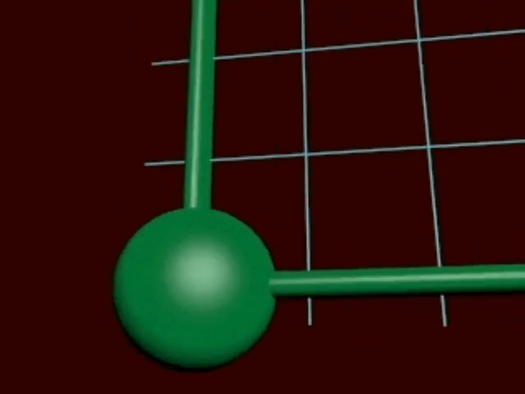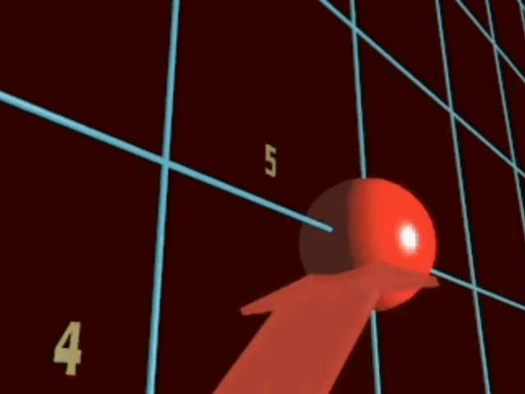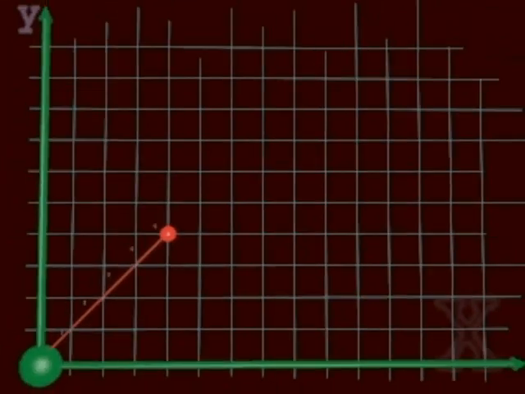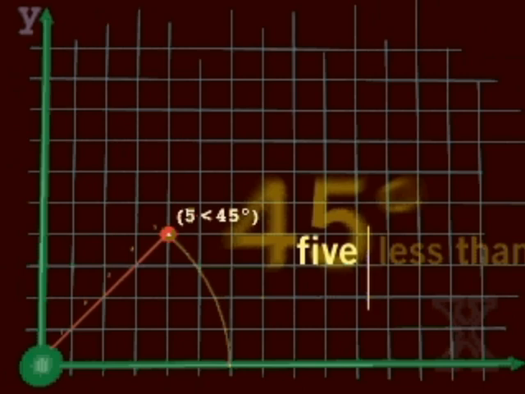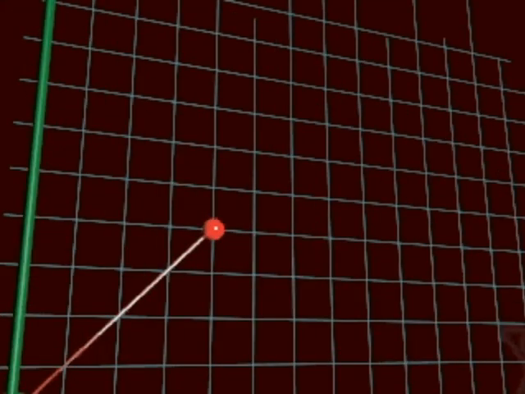Absolute polar coordinates define a location by specifying its distance and angle from the origin. By default, the angle sweeps counterclockwise from 0 degrees at 3 o'clock. You enter polar coordinates by typing a distance, a less than sign, and an angle. Relative polar coordinates define a location by specifying its distance from the previous location.